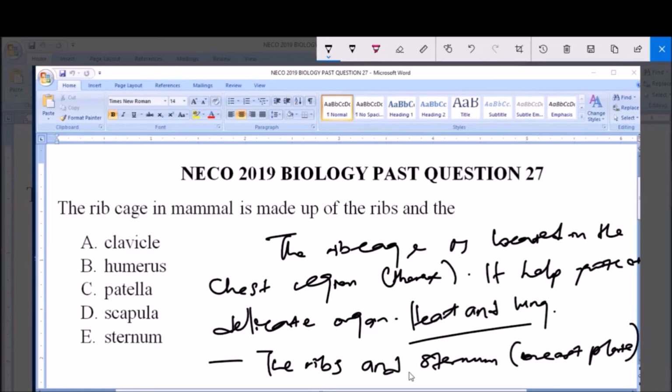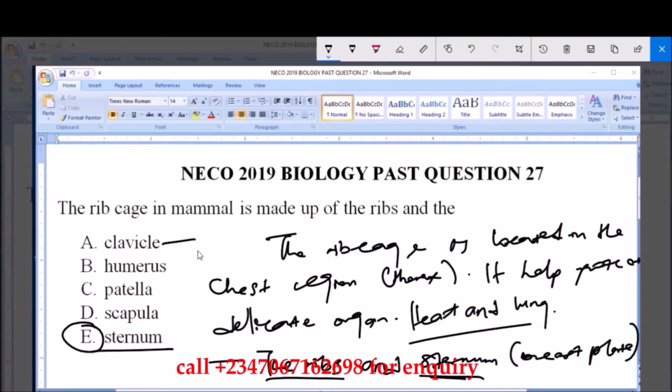The sternum provides attachment for the ribs in the front part of the chest region, while the vertebral bones provide attachment for the ribs in the posterior part of the body. So the rib cage is made up of the ribs and the sternum, or the breastbone, and the sternum is option E.